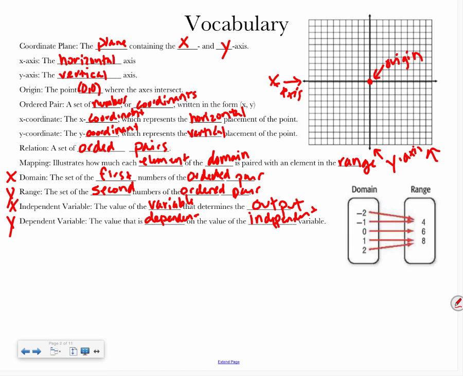So the dependent depends on the independent. Your y depends on your x, okay? If you look over here to the right, what I just highlighted in green, that is an example of a mapping. I forgot to point that out when we were looking at mappings, okay? We're going to be making some of those today as well.